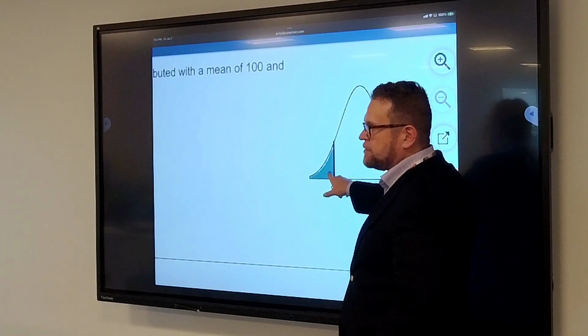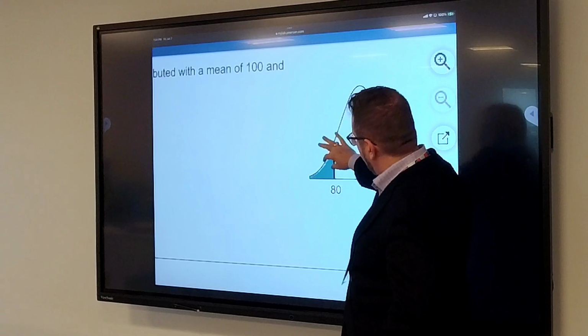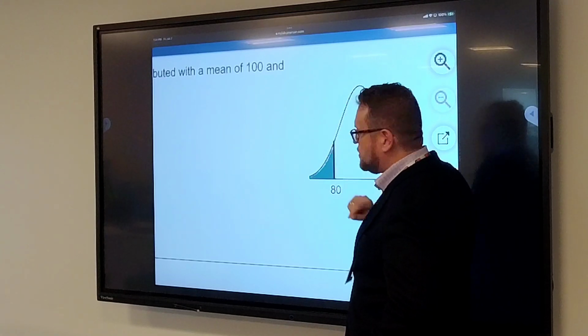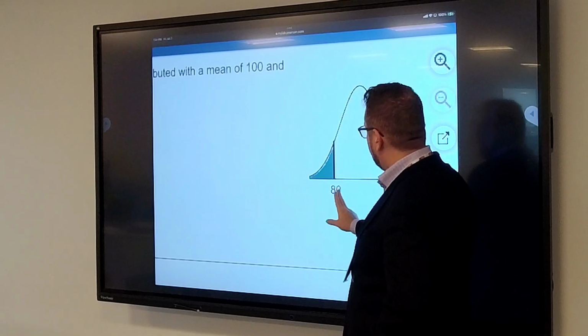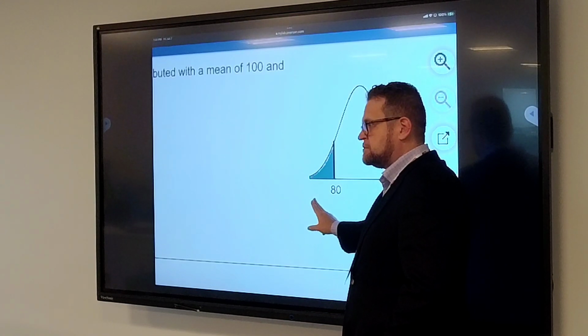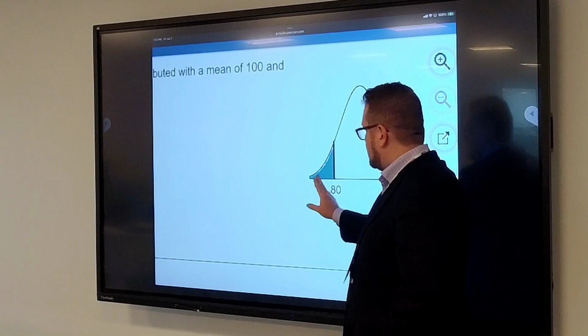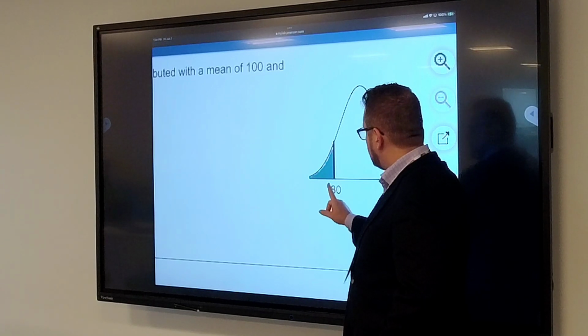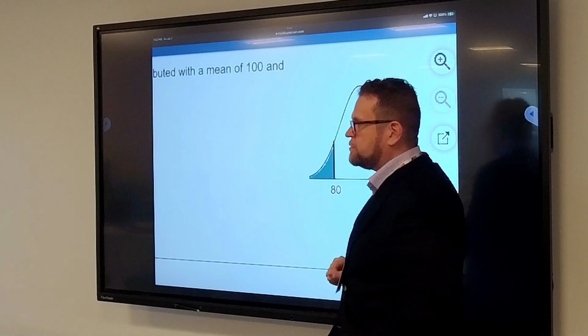Whatever this number is for this area, it is the probability that a randomly selected person has an IQ score less than or equal to 80.